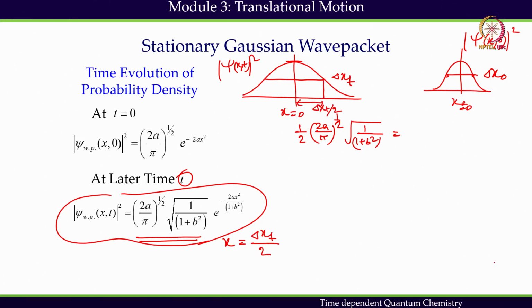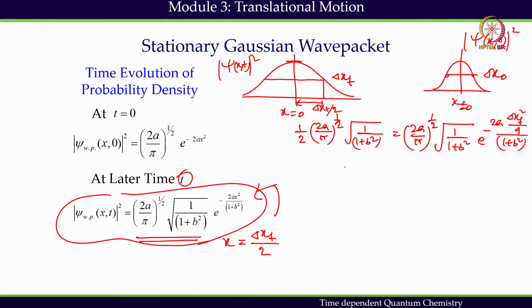So, when x is this, I have to plug that in here, x value, which I get 2a by pi to the power 1 by half square root of 1 by 1 plus b square e to the power minus 2a x square, x is going to be delta x t square by 4 divided by 1 plus b square.